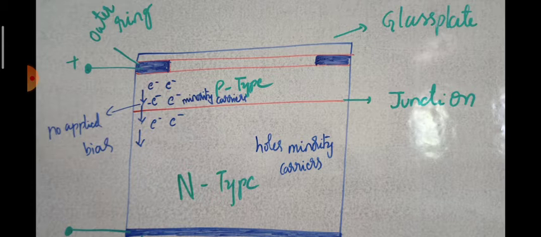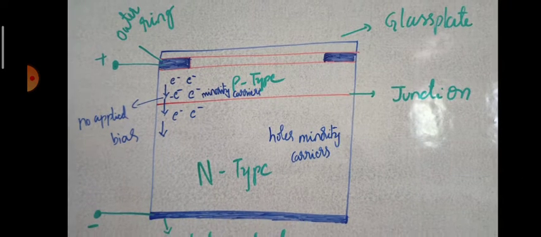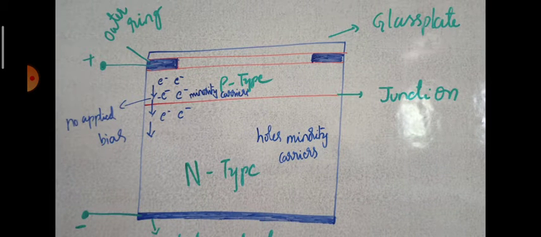There are certain factors affecting the performance of a solar cell. Namely, there are some reflection losses on the top surface of the solar cell, and the total amount of radiation available will not be used by the solar cell. It also depends upon the surface area of the solar cell.